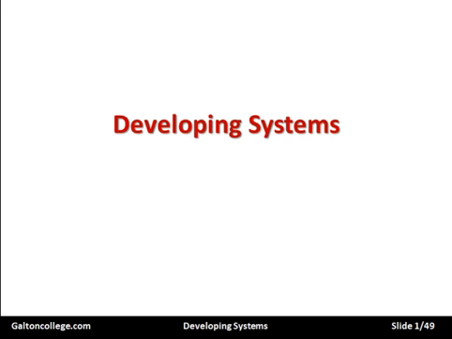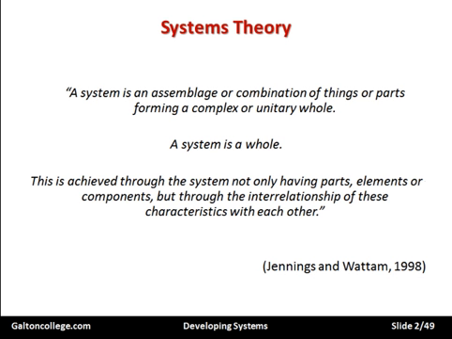This class will be concerned with systems and introducing you to some of the basic ideas associated with systems thinking. For a start, a couple of views about systems. A system may be seen as an assemblage or combination of things or parts forming a complex or unitary whole.